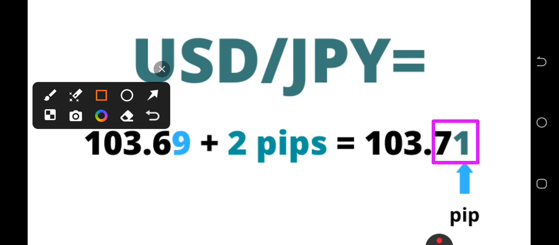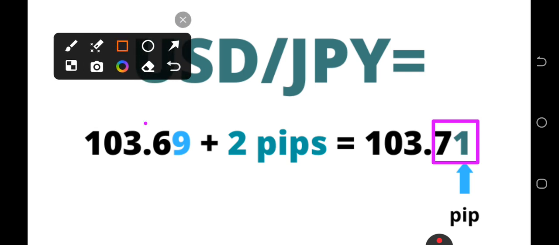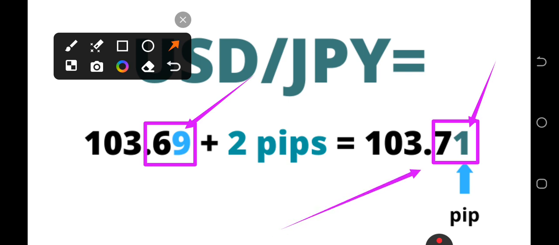Okay, 103.69, then 103.71. This 71 is because it has moved 2 pips. So have it in mind that it is the last number that is increasing. When you add 69 plus 2, what do you have? 71. That is why you have this 71 here.